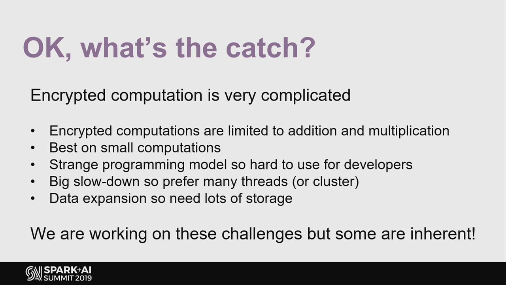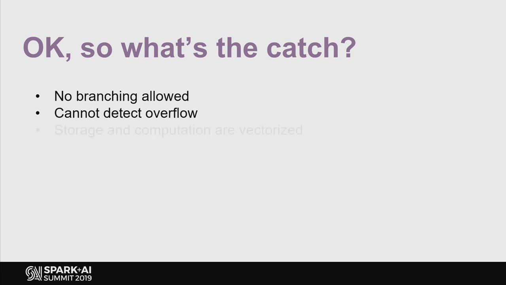People are coming up with new homomorphic encryption schemes and new techniques of making this better. Some other fun facts. There's no branching allowed, of course. Normally, if you create a program, you can look at your value and branch. You can jump to a different point in the code. But you can't really do that on encrypted data, because otherwise you would be revealing some information about the data.